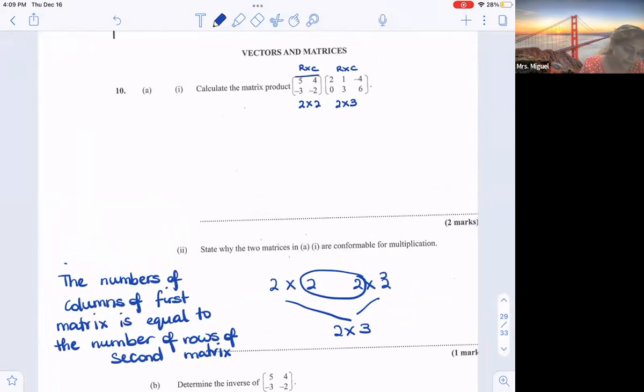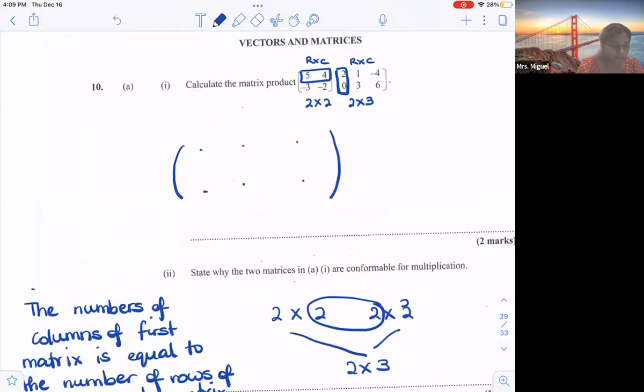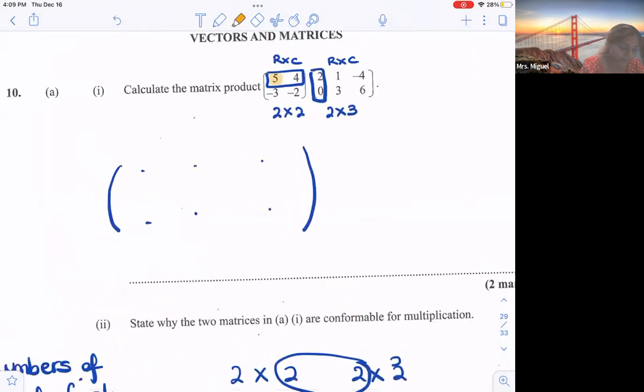So we are multiplying first row by first column. We can do a bracket and we know it's a 2 by 3. So the first element, 5 by 2, 5 multiplied by 2 will give me 10, plus 4 by 0, which is 0.